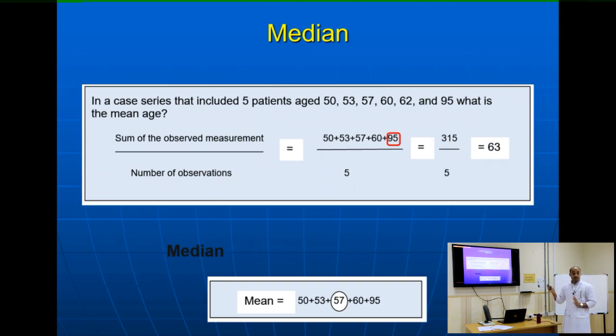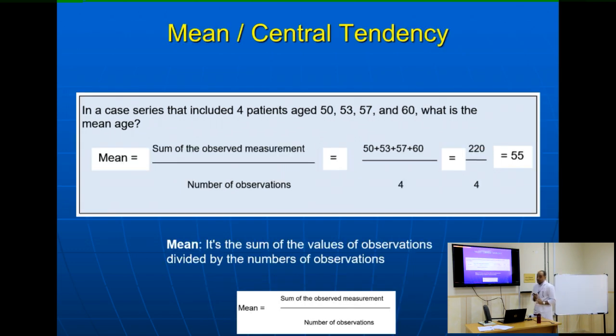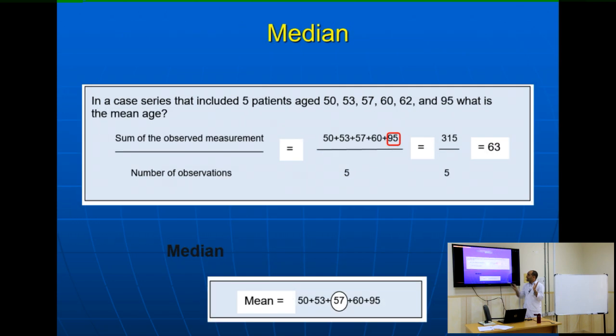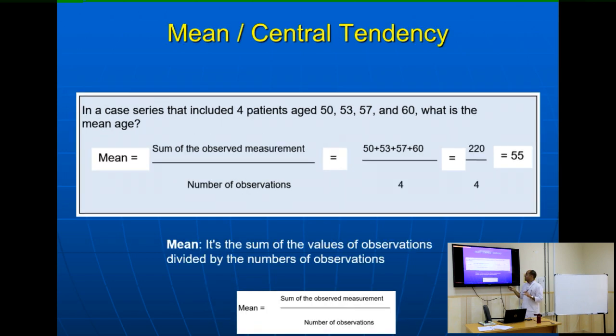Going to median. If I return to the last example, you see? 50, 60. Okay. They are near to each other. But next I added 95, which is extreme data. And then here the mean was 55.